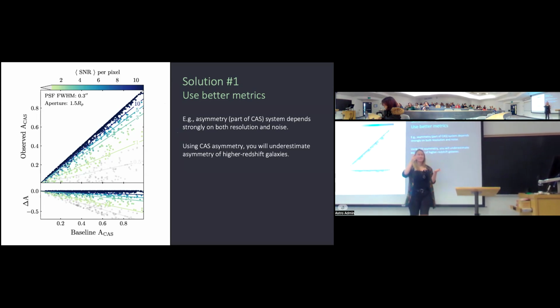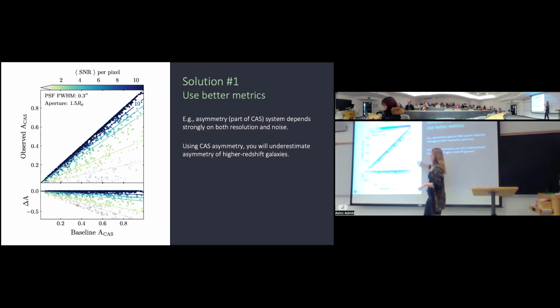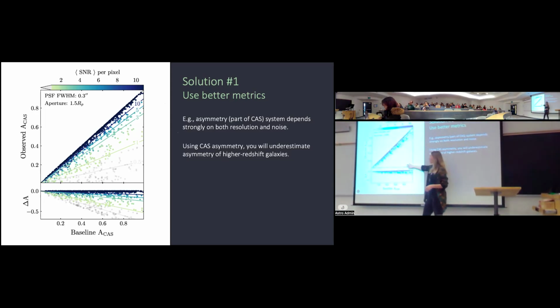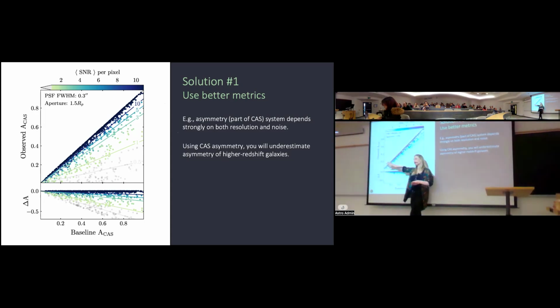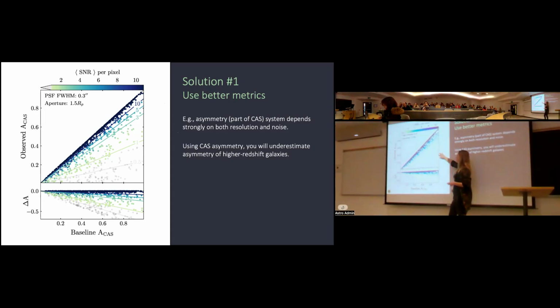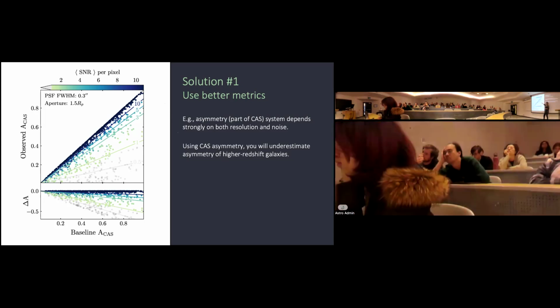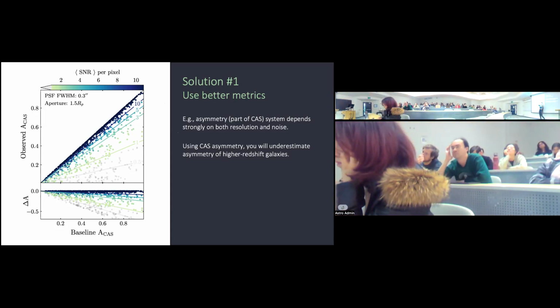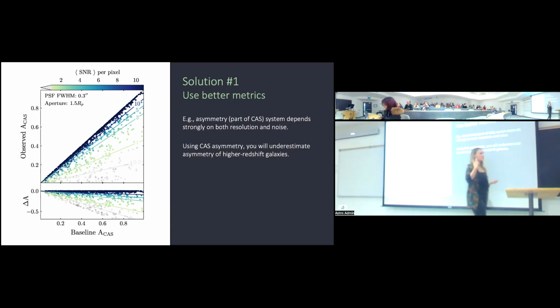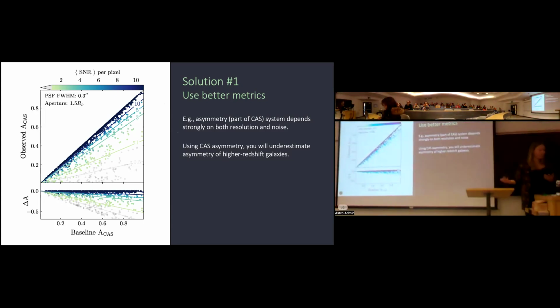It sounds like a simple metric, but as you lose signal to noise, you also decrease the asymmetry that you're measuring by quite a lot. You can see from these gray points and these yellow points that starting off as a clear merger would end up with a similar asymmetry measurement to a galaxy that just looks like a normal disk. So you lose your ability to find mergers.